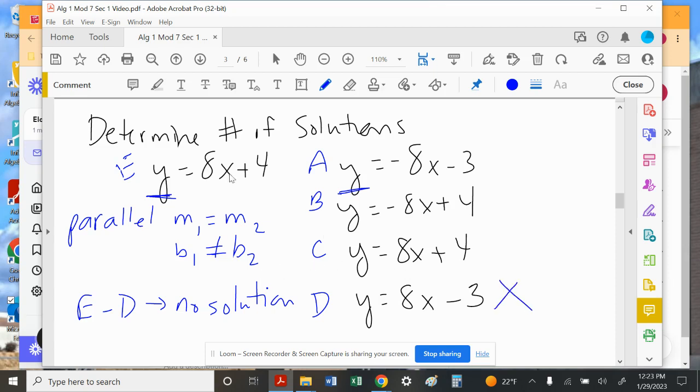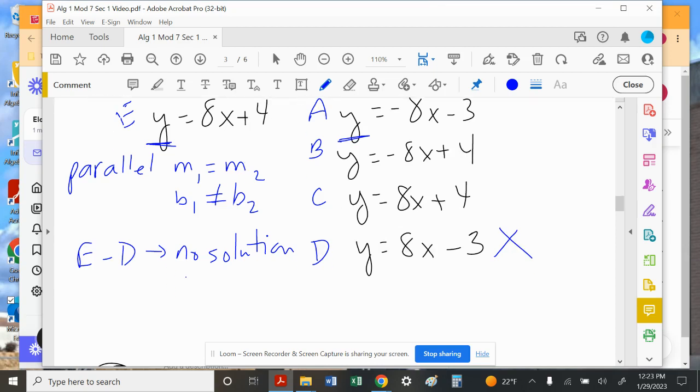We notice here that they have the same slope and the same intercept. So if the two slopes are the same and the two y-intercepts are the same, then they are the same line.